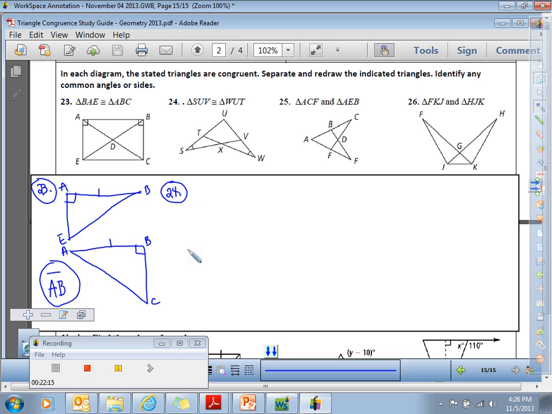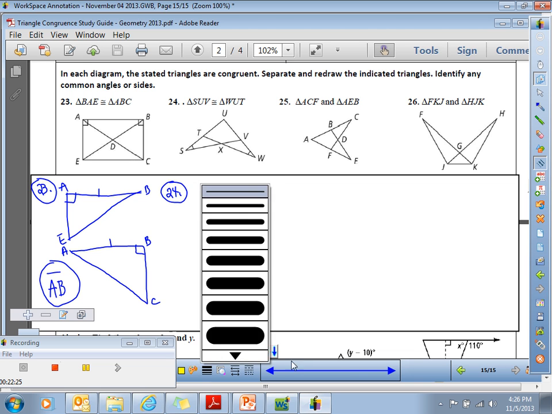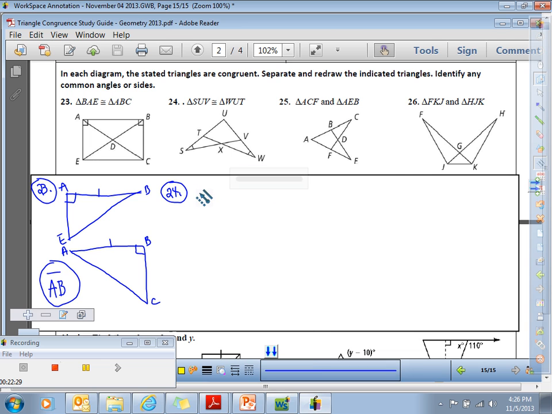Okay, 24. Let's try the straight line tool. Okay, 24 says triangle SUV. S to U, U to V. That's much better.